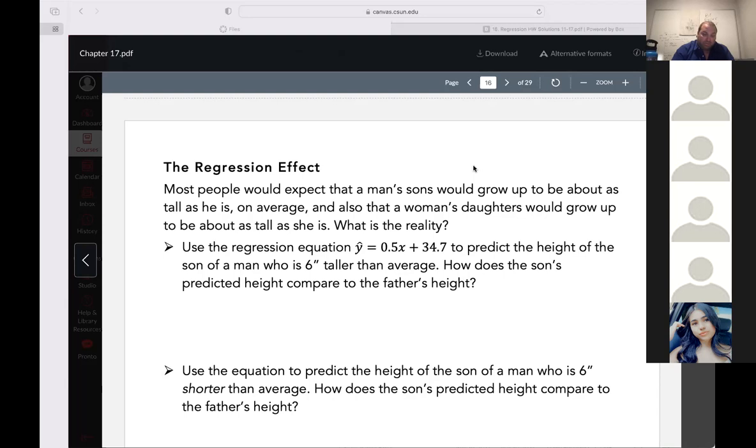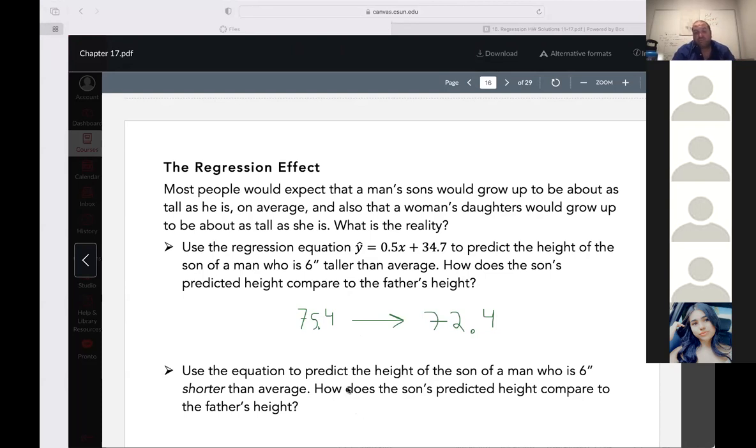And if you plug 75.4 into the formula and compute, what do you get? 72.4. So you actually get closer to the average than stay where you are.